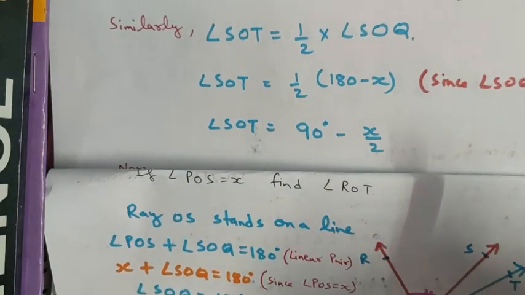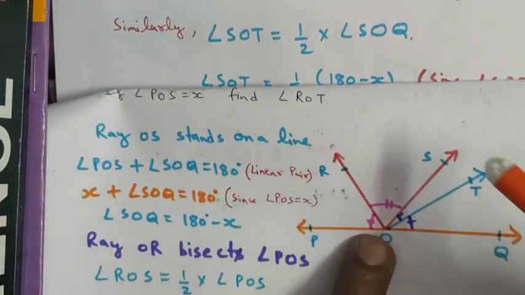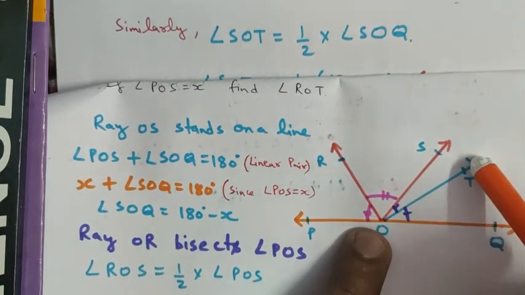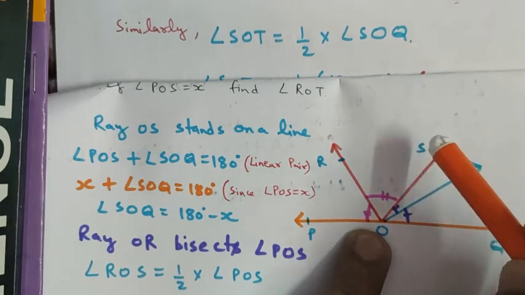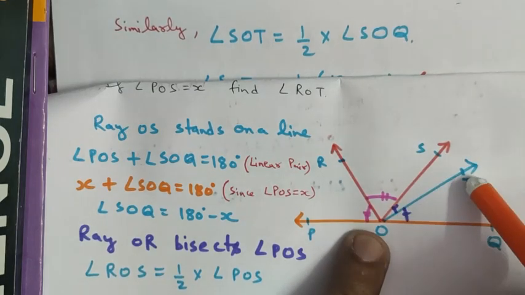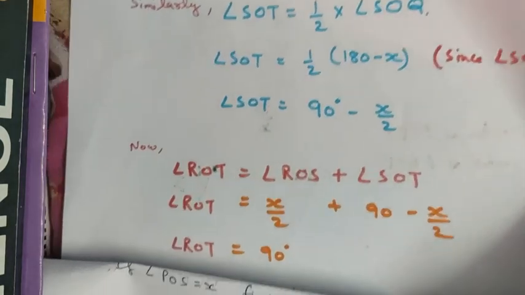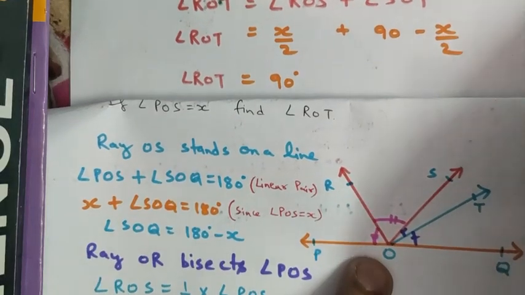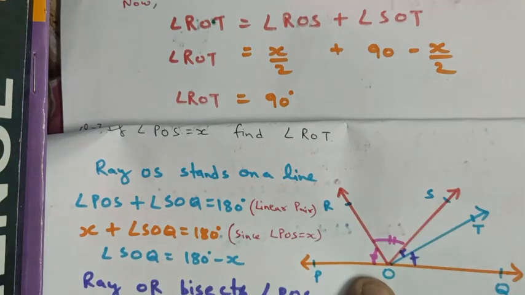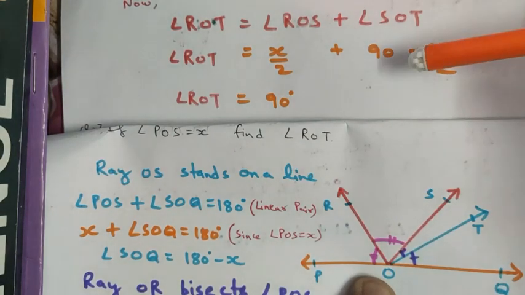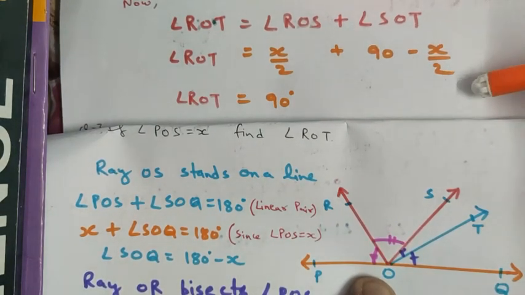Now we need to calculate angle ROT. So ROT will be equal to angle ROS plus angle SOT. ROS we have calculated as x by 2, and SOT we have calculated as 90 minus x by 2.